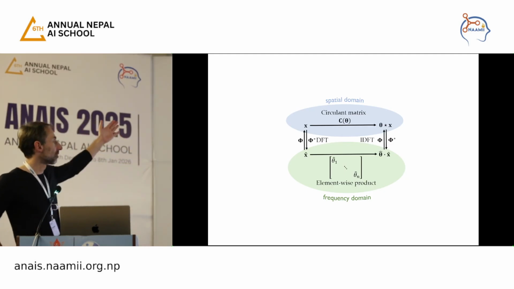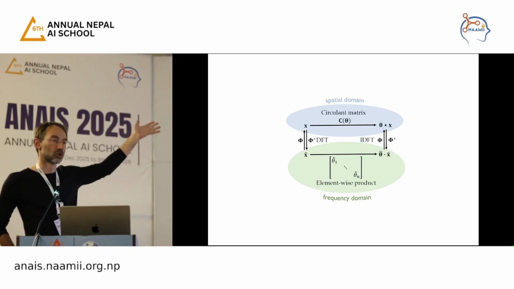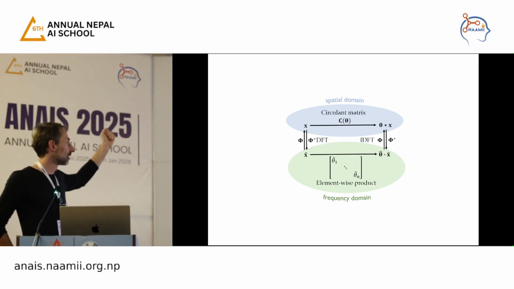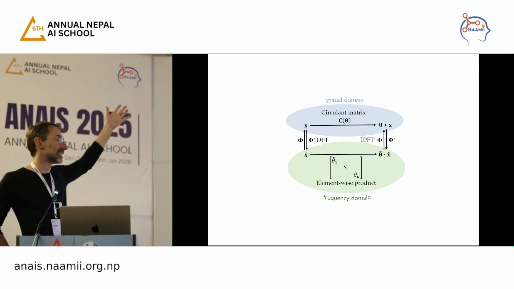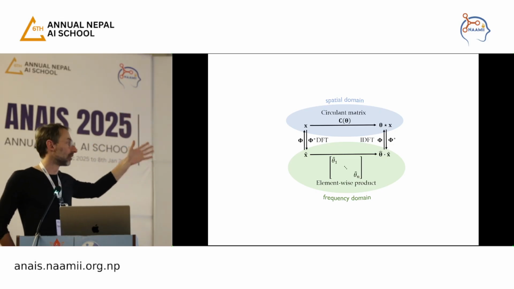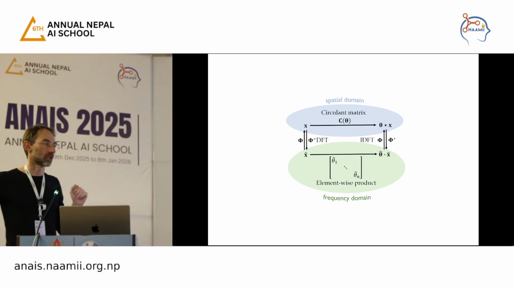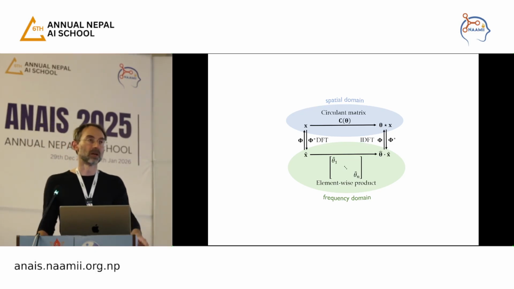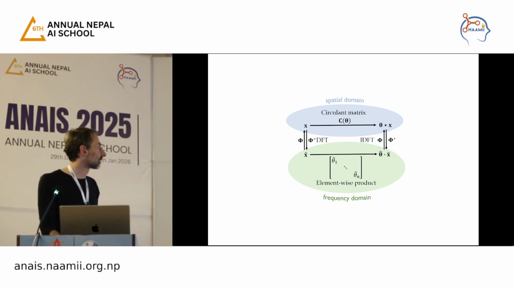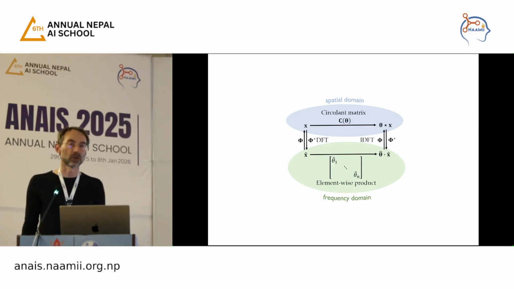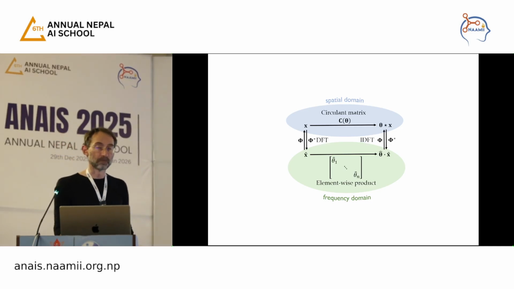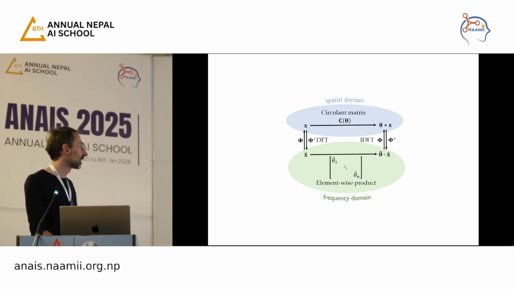In the spatial domain, I can do the convolution by multiplying by a circulant matrix. In the frequency domain, I can take my signal, first compute its Fourier transform, then multiply by the diagonal matrix, which is formed as the Fourier transform of this vector theta, and then do an element-wise product, and then compute the inverse Fourier transform. Often when people do signal filtering, they already design the filter here, so nobody computes the Fourier transform of theta.